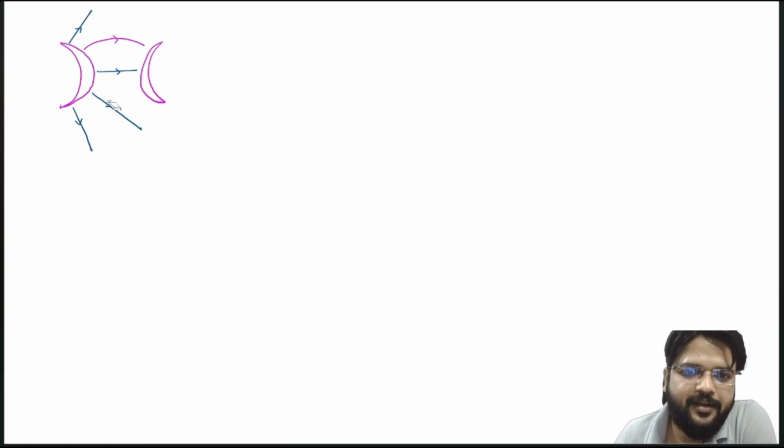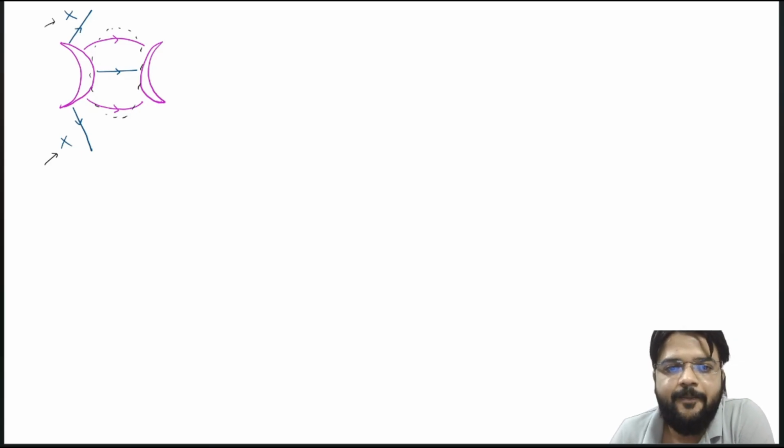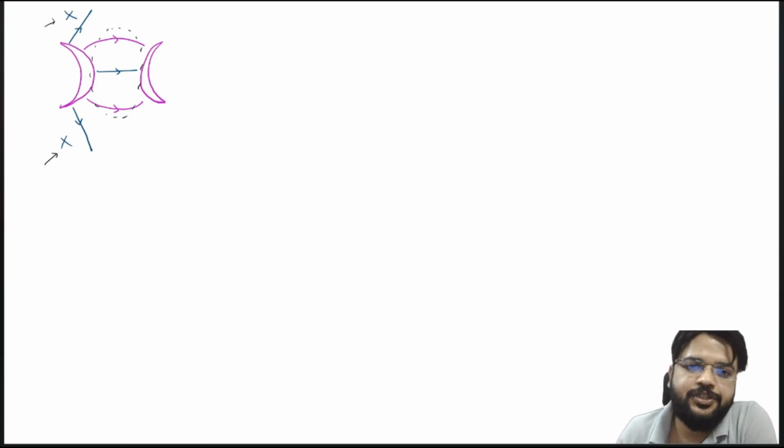This is possible here. But these lines are wasted, everyone. Only the energy in this region is stored, correct? And this energy is wastage. That's why it is not a good capacitor. For a good capacitor, it should store energy in a confined region.